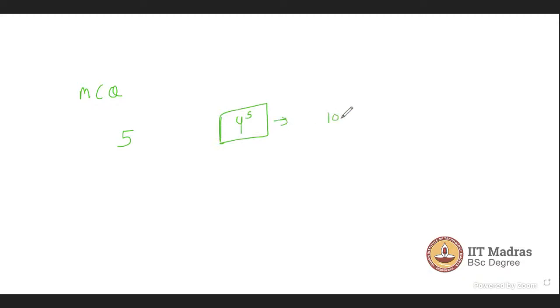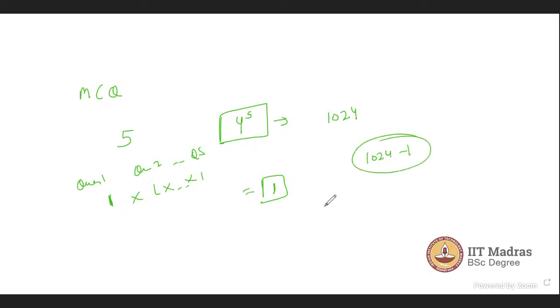1024. Okay. And in how many ways can you get all the answers correct? Only 1, right? For the first question, you have only one possibility to make it correct. Similarly question 2, up to question 5, you have only one way to make it correct. So it's 1 times 1 times 1. So it should be 5, no, sir? How could it be 1? For every question it is 1.